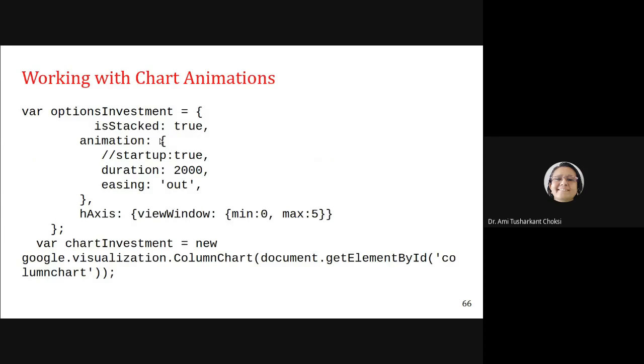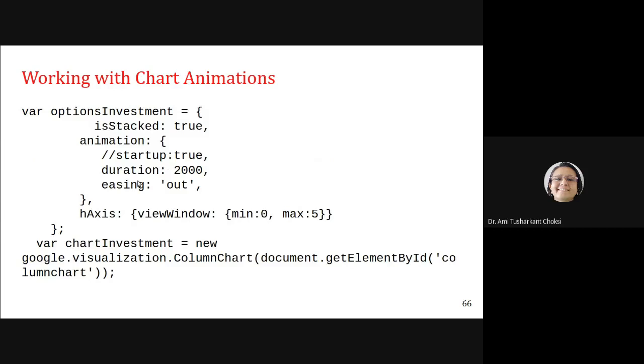We need to specify animation. isStacked is important. See, if you want to have this stacked chart, you need to specify that. But what we are learning is working with chart animations. So for that, at least duration and easing is required, right? startup true, we can specify.